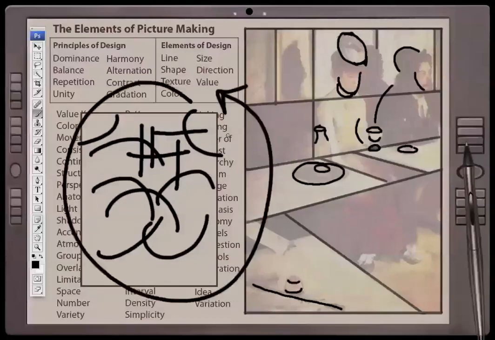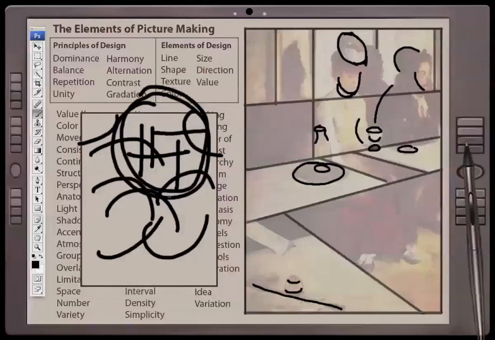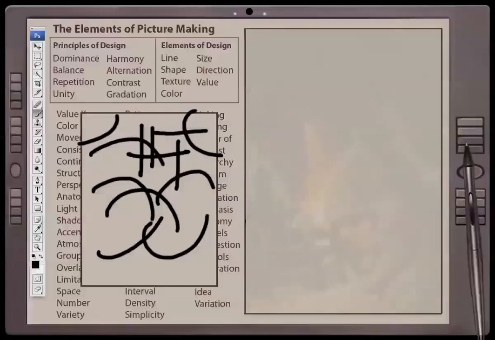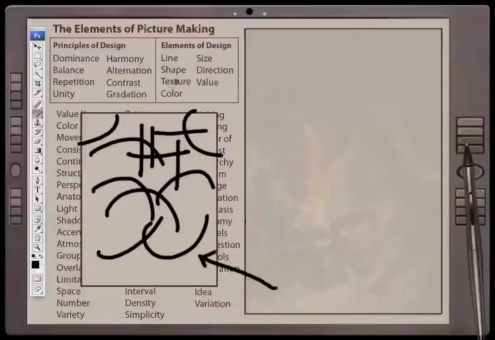So in this diagram here you can see that there are fewer straight lines and there are more curves, and they're grouped together here to draw attention to them through this contrast of straight lines seen against curves. Always remember that one kind of line, either the straight line or the curve, must dominate, which means that more of one kind of line needs to be seen than another. Just as you see in this diagram here, there are more curves than there are straight lines, so therefore the curves dominate.